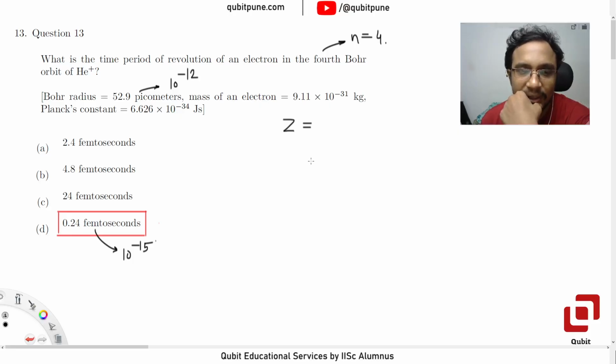Shouldn't it be 1? Sir, Z is the number of protons. Oh yeah, it's okay, 2. Yeah, it's singly ionized helium. Okay, we'll keep Z as 2, but I'm still a bit uncertain about that.